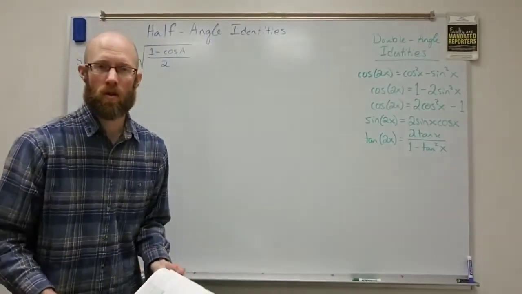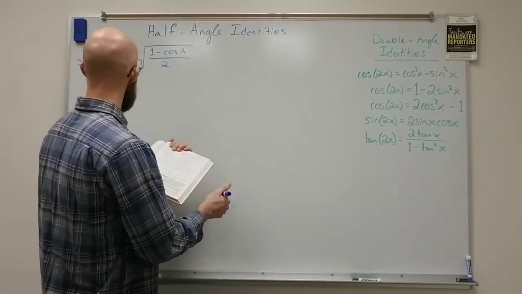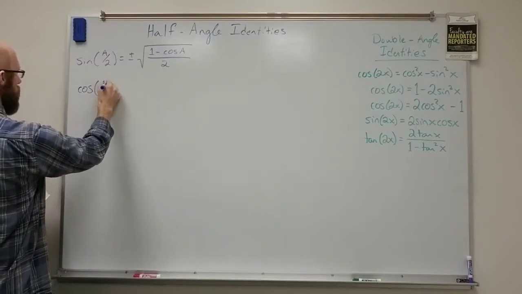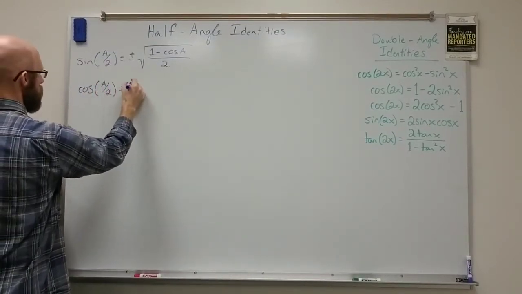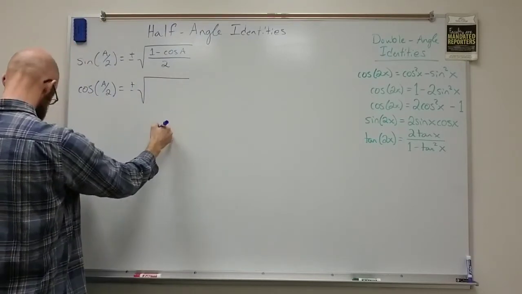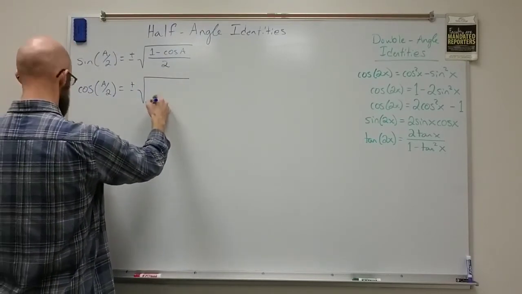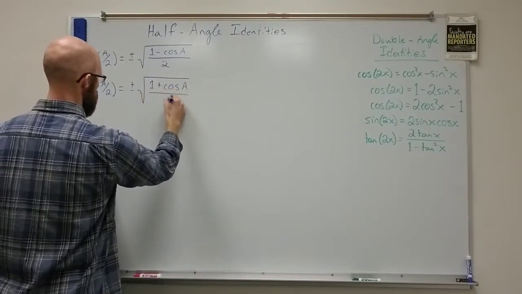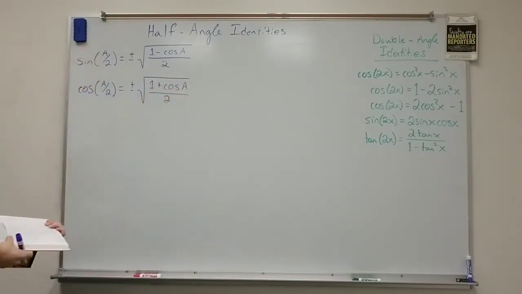And the formula you're going to get is the cosine of a over 2 equals plus or minus the square root of 1 plus the cosine of a all over 2. All right?